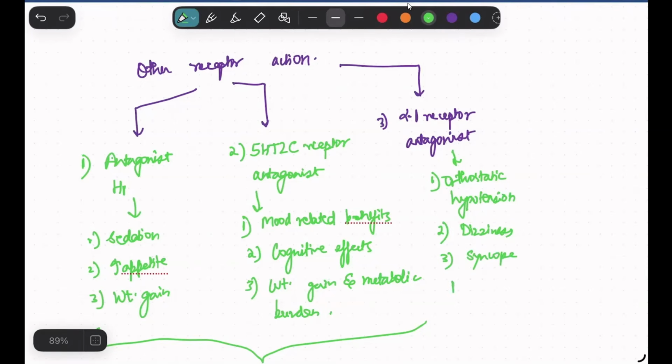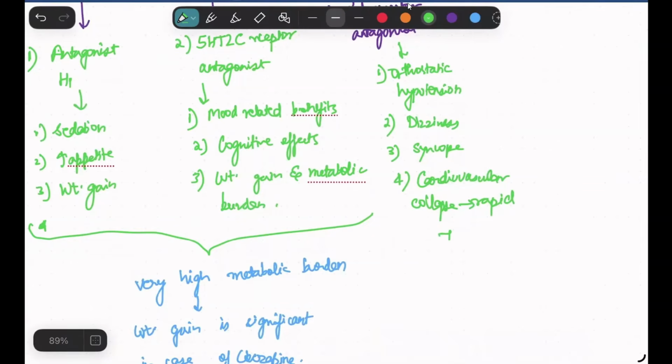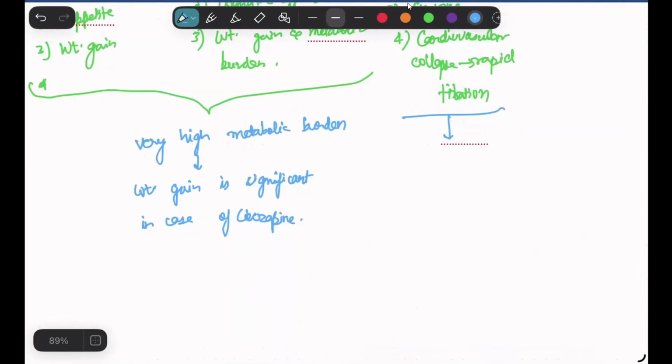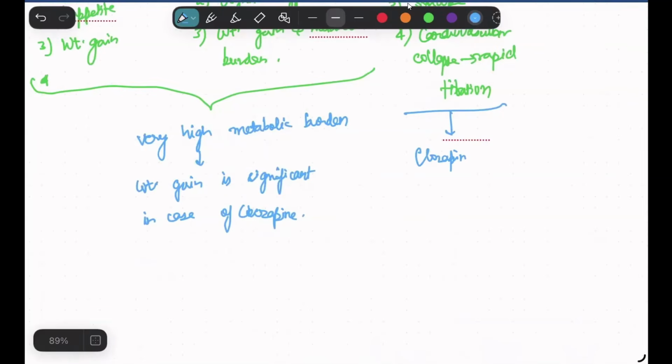And sometimes when there is rapid titration, the patient could also enter a cardiovascular collapse. Clear? So because of all this, it is very important that you titrate the clozapine very slowly. And this is actually the reason why clozapine is started very slowly. Clear?